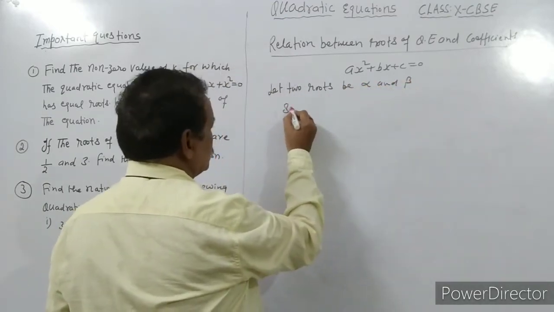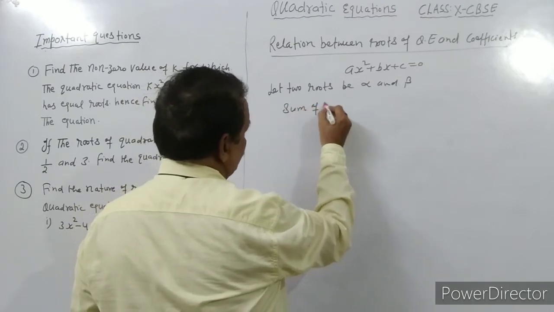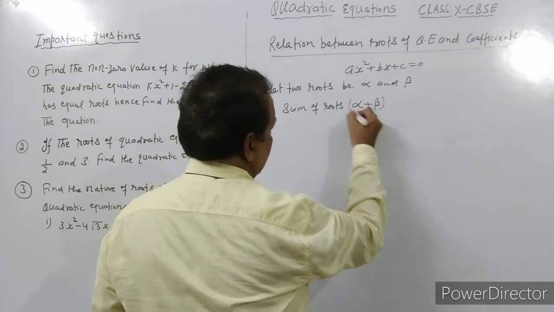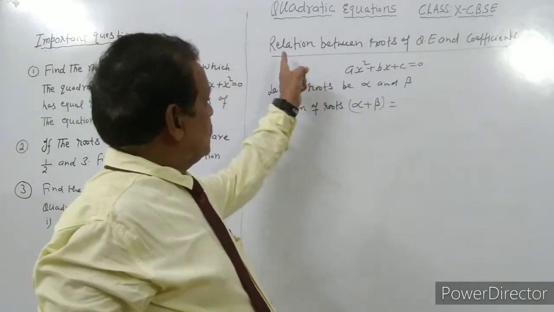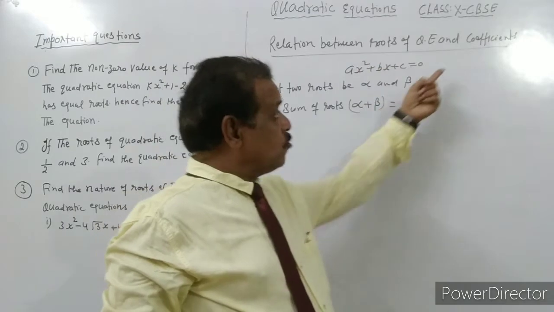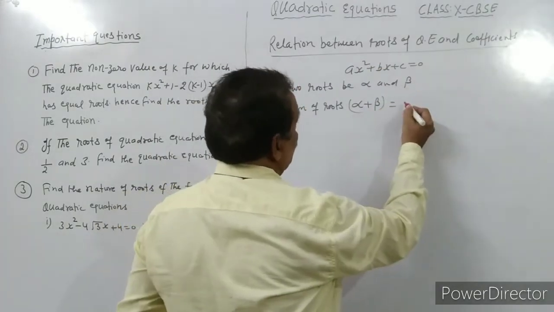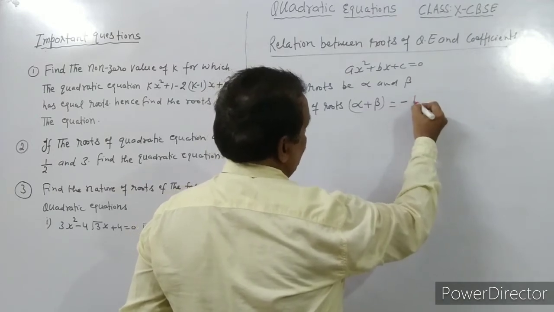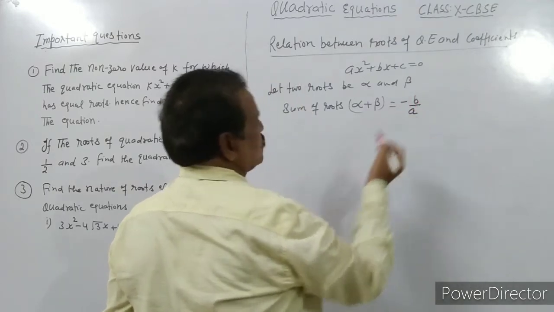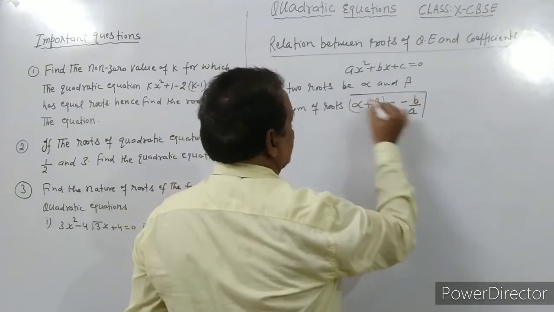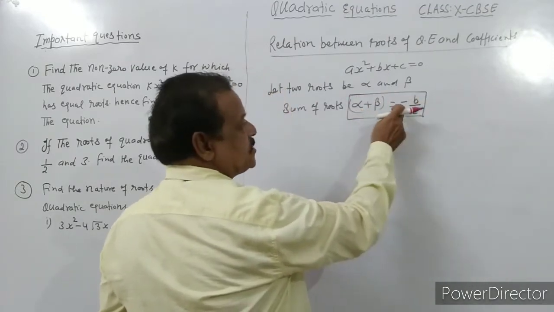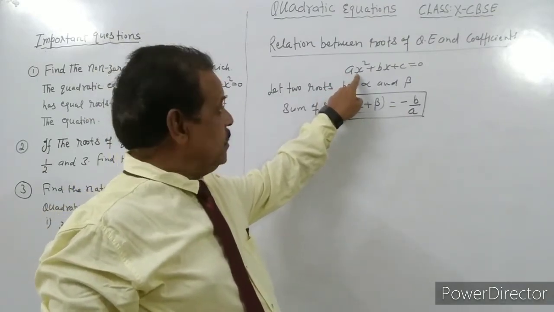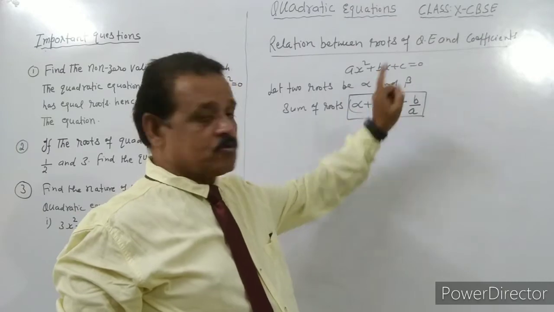Then the sum of roots, alpha plus beta, is equal to minus coefficient of x upon coefficient of x square. This is the first relation between roots and coefficients. Here a is the coefficient of x square, b is the coefficient of x, and c is the constant.